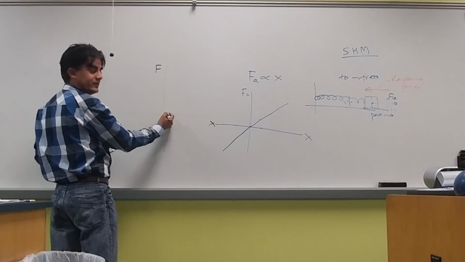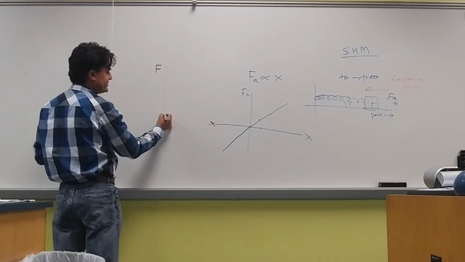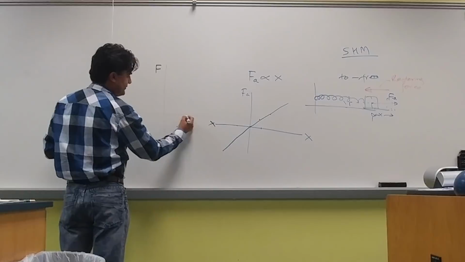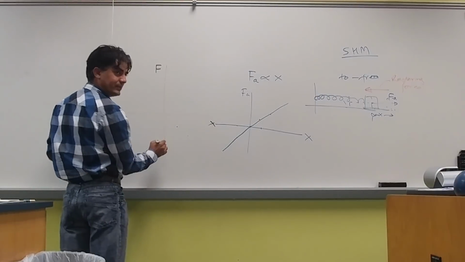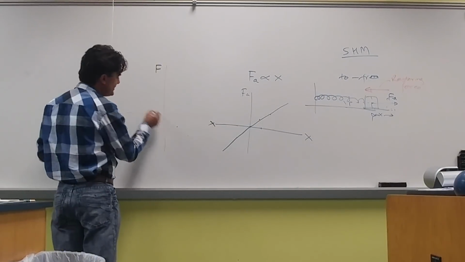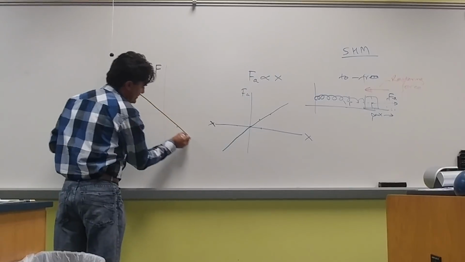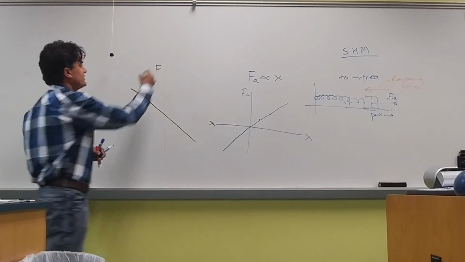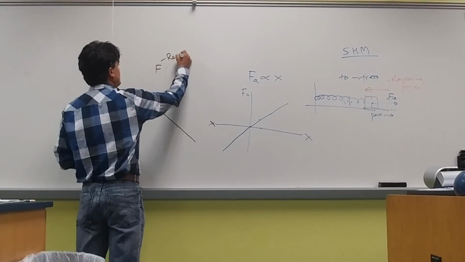If my displacement is positive, my force will be negative. If I double the distance, the spring force will be doubled. So the restoring force versus x will be something like this. This one is the restoring force.